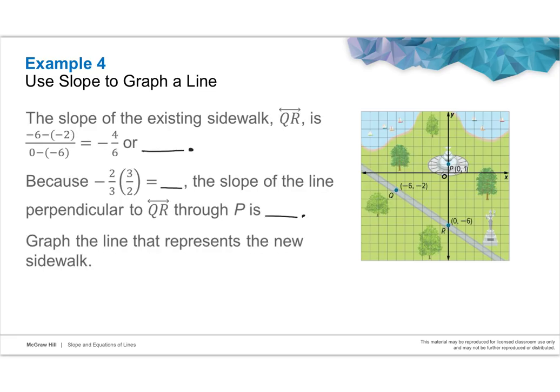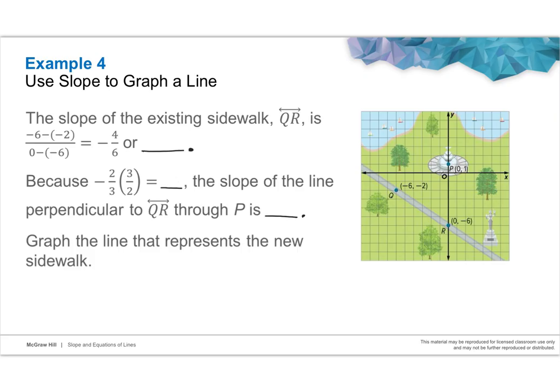Before we do that, we need to find the slope of the existing sidewalk, or the line QR. Notice we can take the difference of our y's, 6 minus -2, divided by the difference in our x's, 0 minus -6.